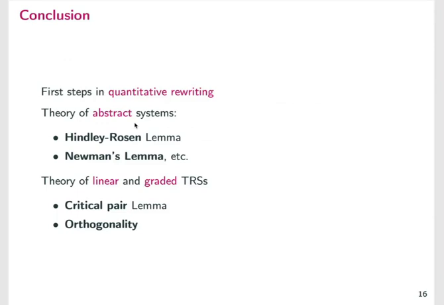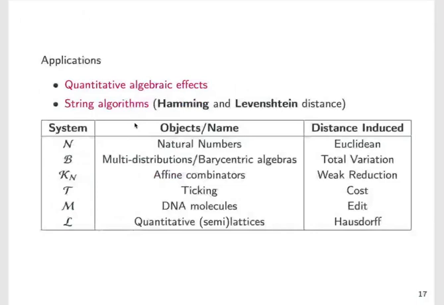In particular, in the theory of term-based systems, we study both linear and graded systems. Together with that, we also have some examples and applications, such as quantitative algebraic effects that come from barycentric algebras and similar things, and string algorithms, for instance. So we show that we can model things like the Hamming and Levenshtein distance using quantitative string rewriting systems.